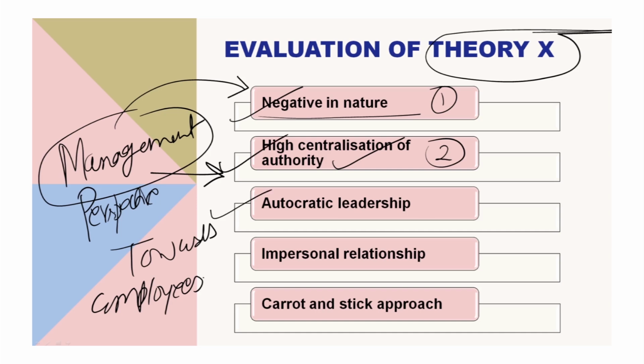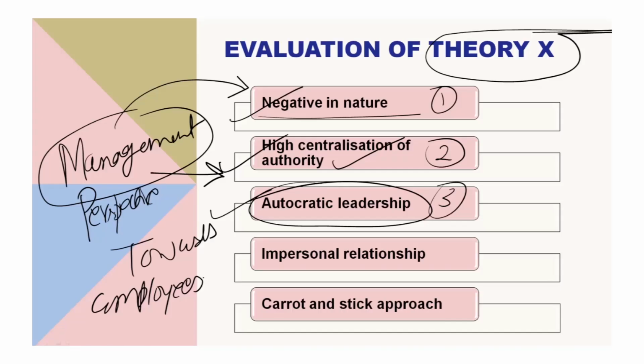Third one is the autocratic leader. We will be discussing this in leadership styles. The leadership style may be of three types: one is the autocratic leader, second is the democratic leader, and third is the mixture of both, that is laissez-faire.